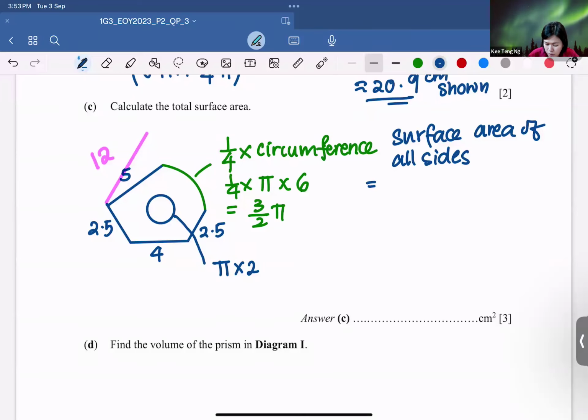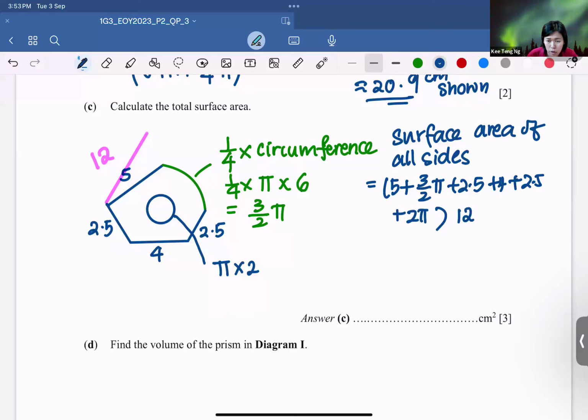I will take the circumference 5 times 12 plus 3/2 pi times 12 plus 2.5 times 12 plus 4 times 12 plus 2.5 times 12 plus 2 pi. Everything needs to be times the number 12. So this is the total area for all my sides.